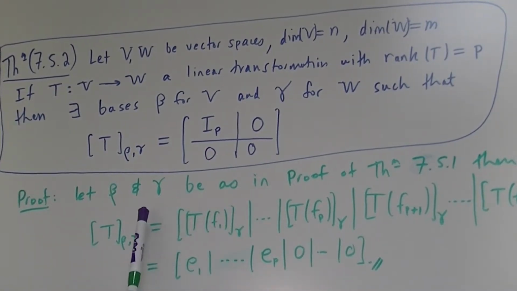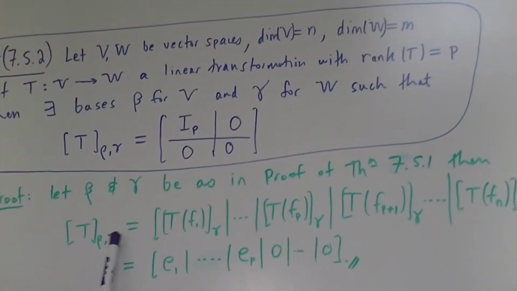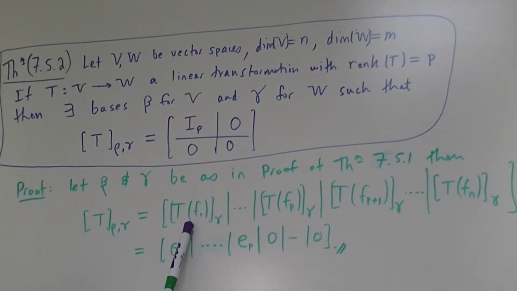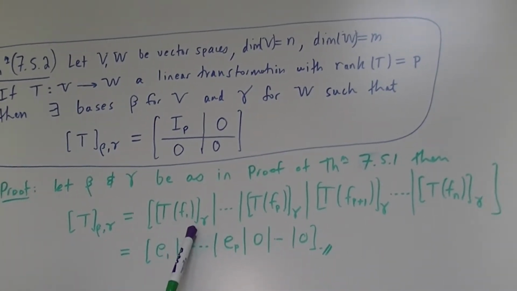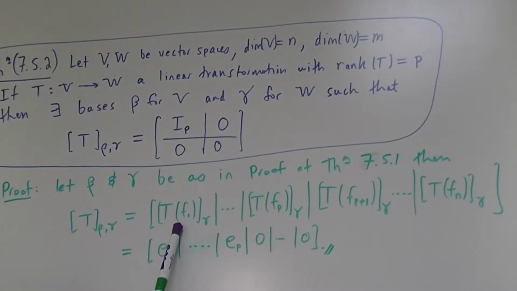So the proof is very simple. You just let beta and gamma be the bases we just constructed over there. And if you just look at the matrix of T from beta to gamma, it would be T of the first thing in the beta basis, the gamma coordinates of that, and so forth. Well, by definition, that's the first thing in the gamma basis, so it has coordinate vector e1, standard basis.